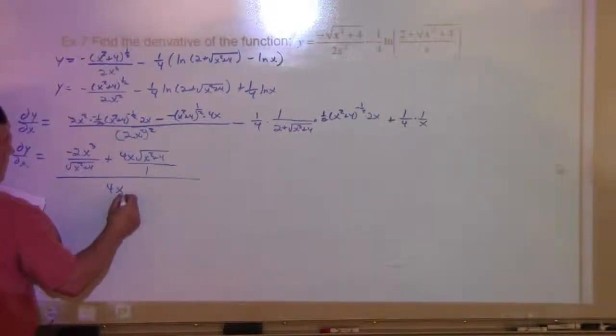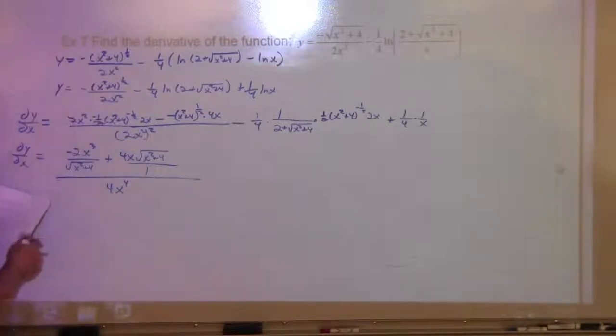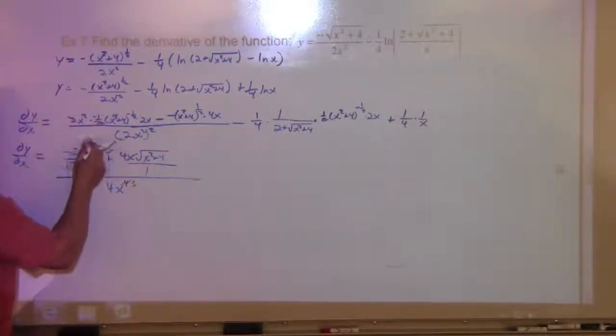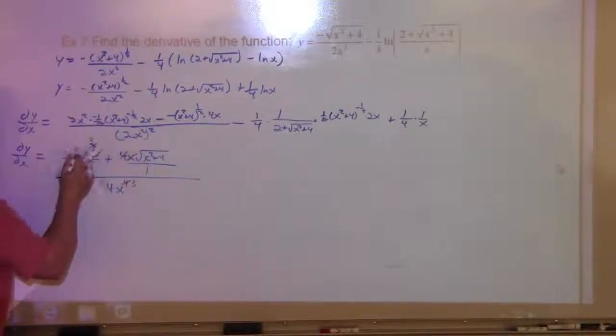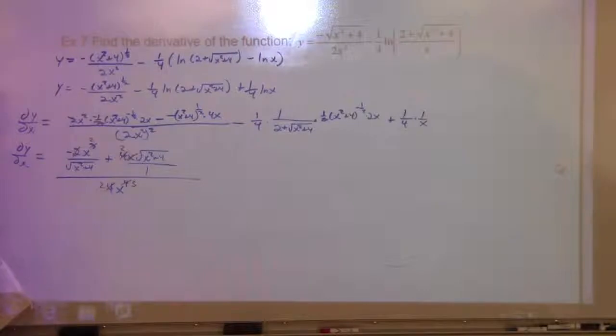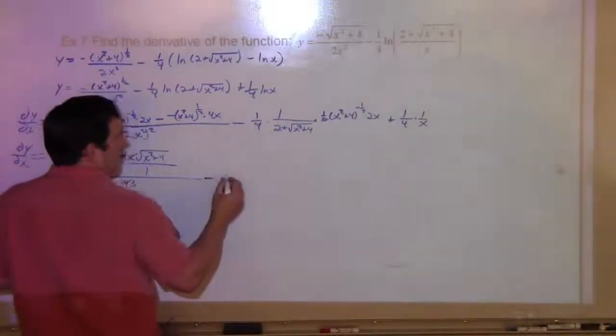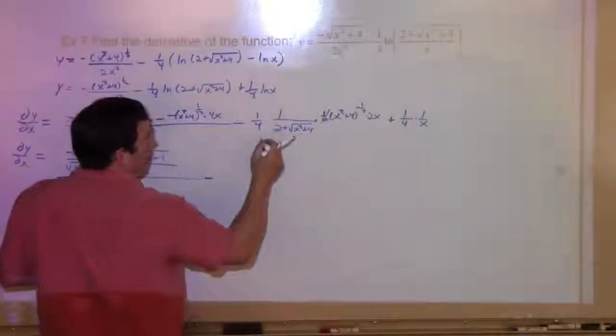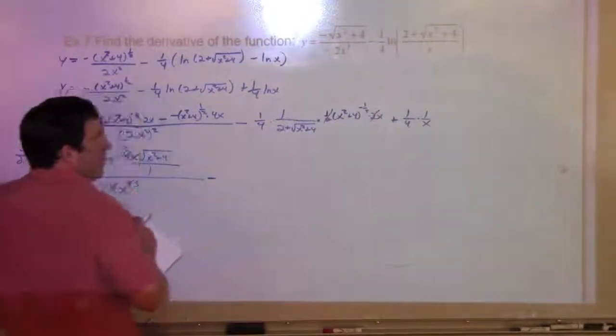Over 4x to the fourth. And this could be simplified a little bit. I could divide out the x, makes this a 3, and this here is a 2. I could divide on a 2. Okay, minus the 1/4 and the 1/2. Oh, the 1/2 goes to the 2, so the 1/4 is still here.